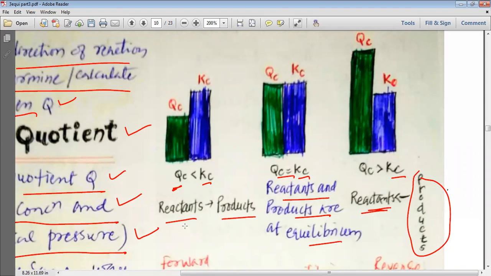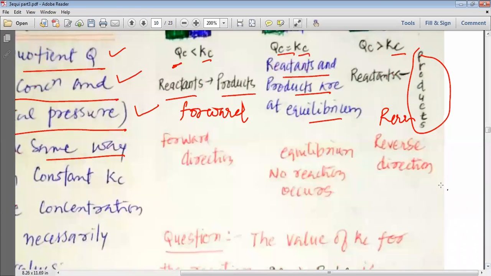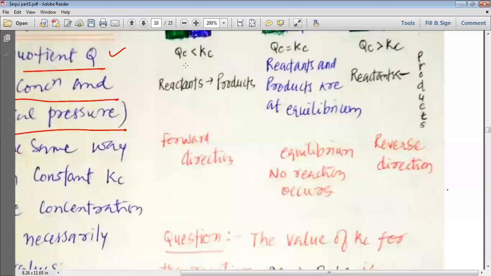I have written it with the red color pen. Clearly, Qc less than Kc shows the forward direction, Qc equal to Kc shows the equilibrium, and Qc greater than Kc shows the reverse direction.